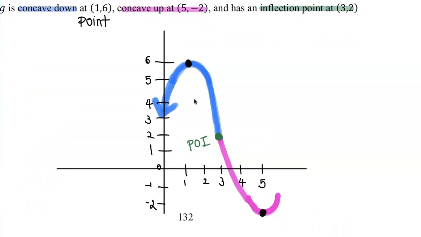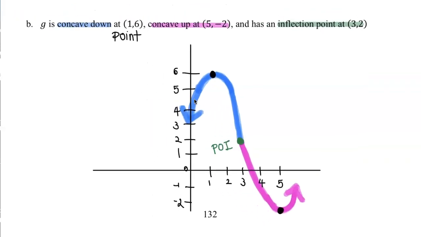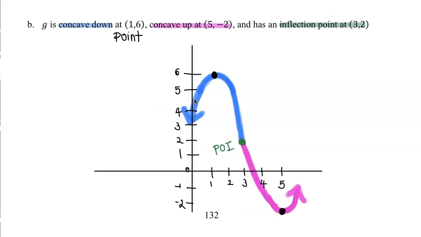And then this concave up, this U pattern will continue to the right of it. So we'll just put an arrow tip there. So that's it. This is a graph where the blue part is concave down, and the pink part is concave up. And in the middle of those, we had this point of inflection where the concavity changed from down to up.